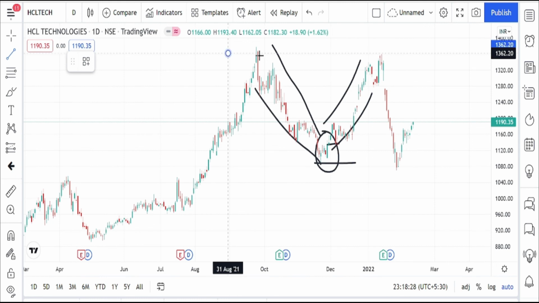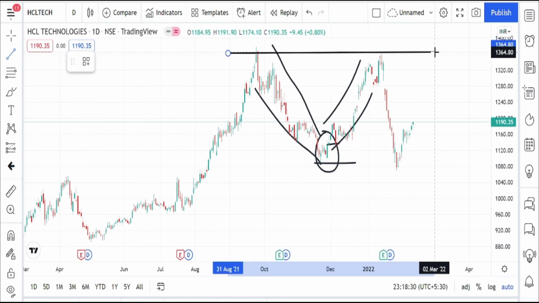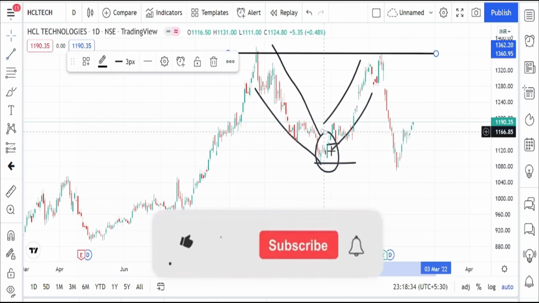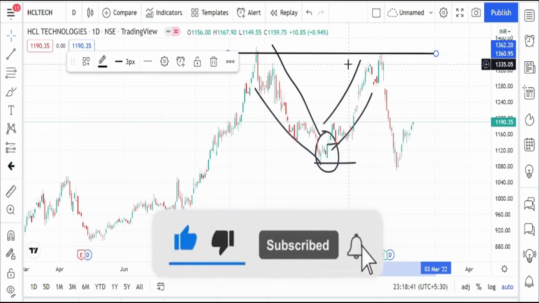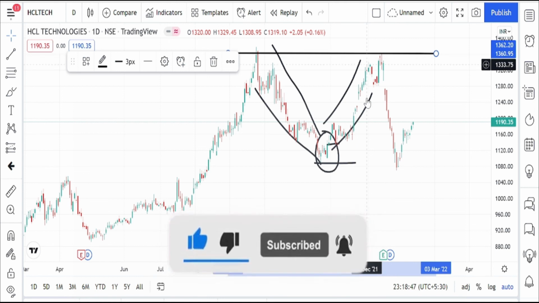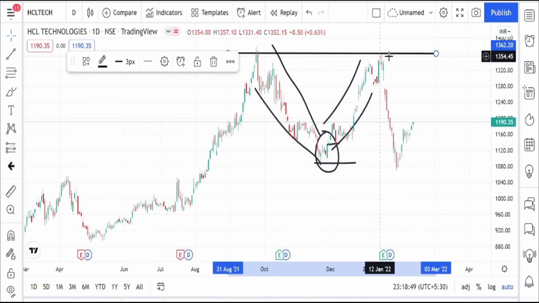There is a strong resistance at this price point, where we can interpret that there could be possible resistance at this level. So one can look for a target of this level, and if there is any trend reversal, we can have a trailing stop loss and exit from the stock.